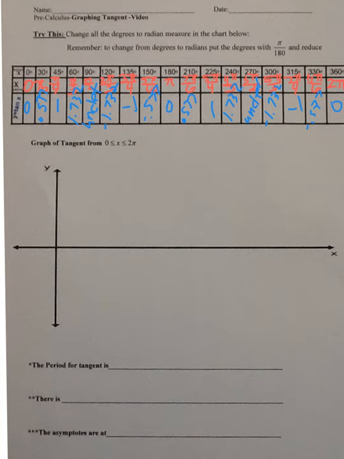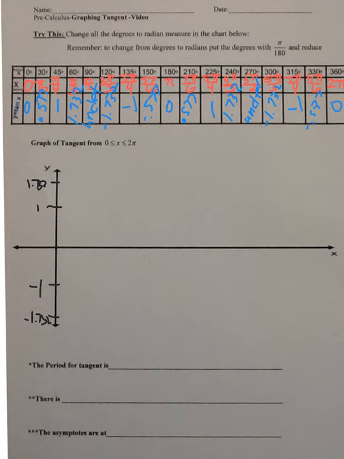So on the y-axis, let's put 1 here, and we'll put negative 1 down here. We need 1.732, so that would be up here, and negative 1.732.